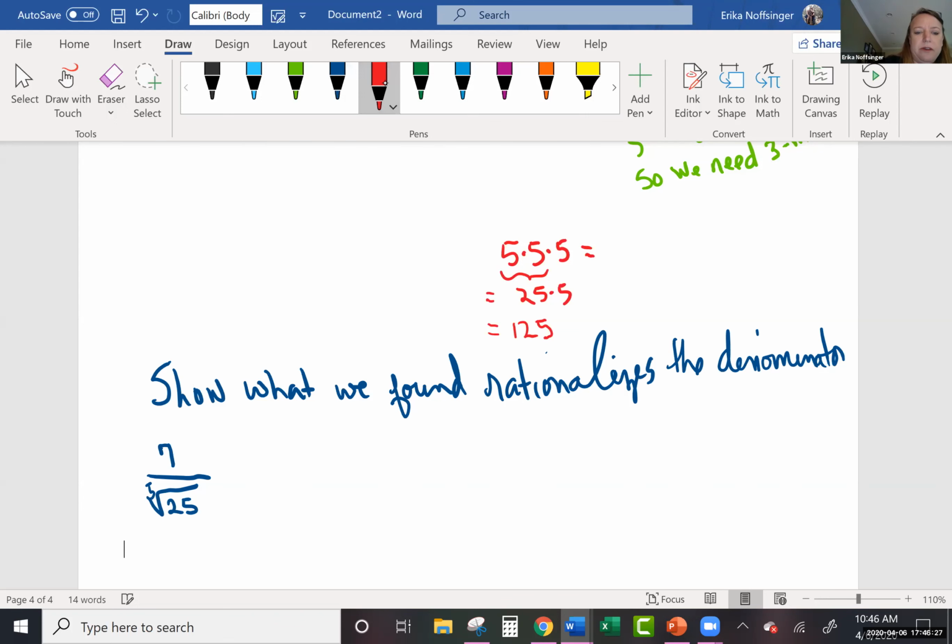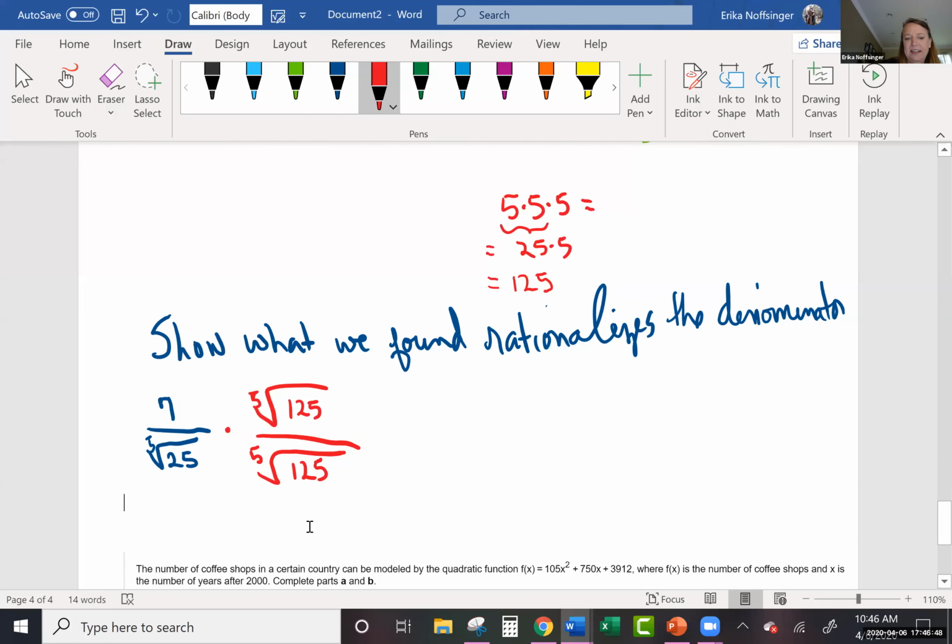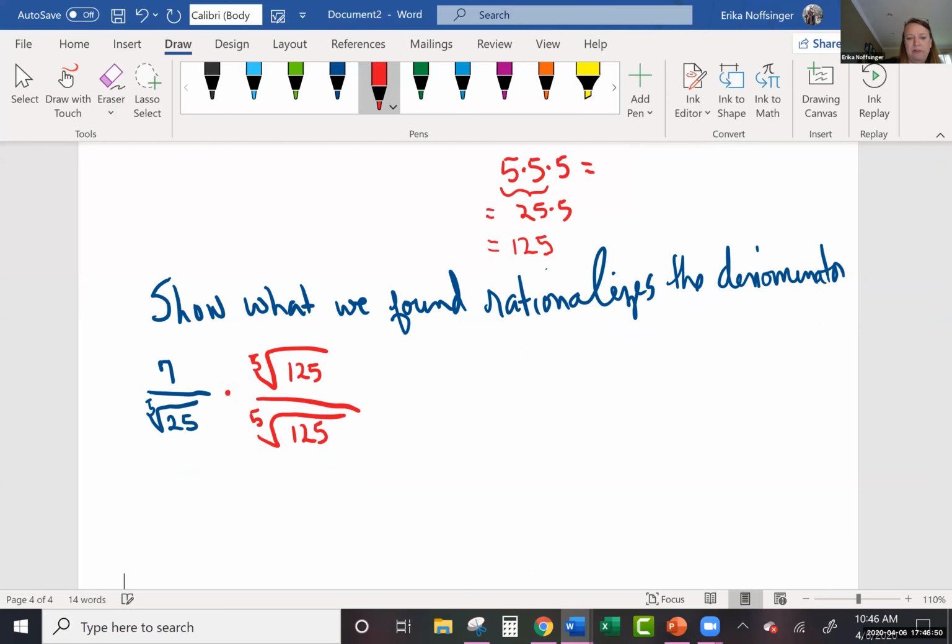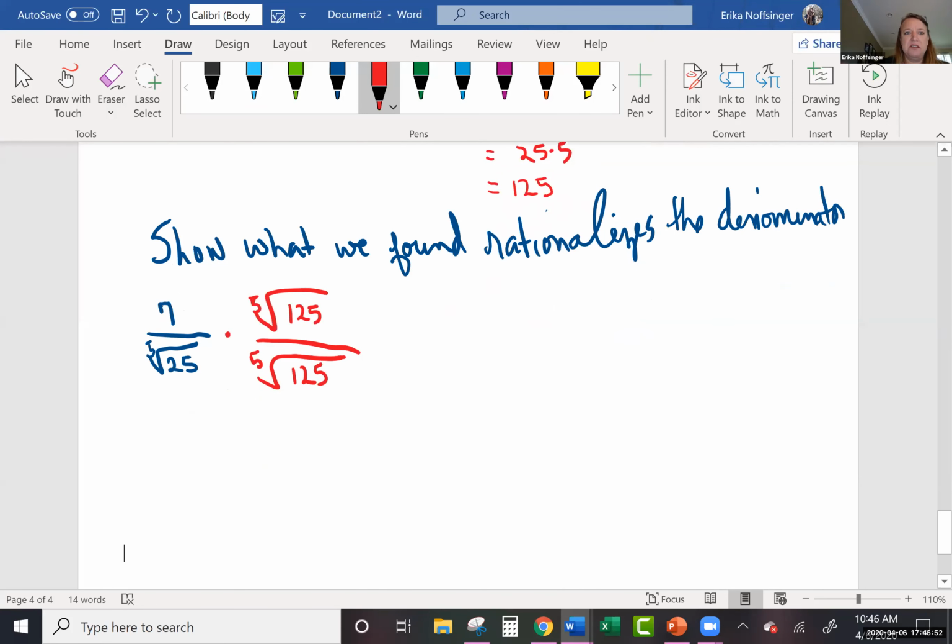And we found that we wanted to multiply by the 5th root of 125. So we're not changing the problem by multiplying by 1 instead. So whatever we do to the denominator, we also have to do to the numerator.